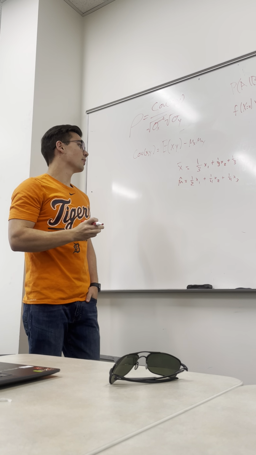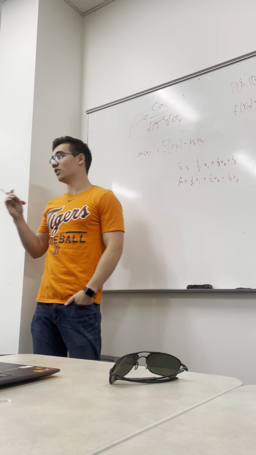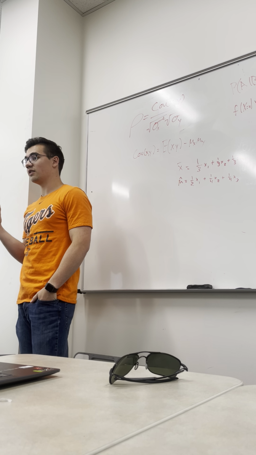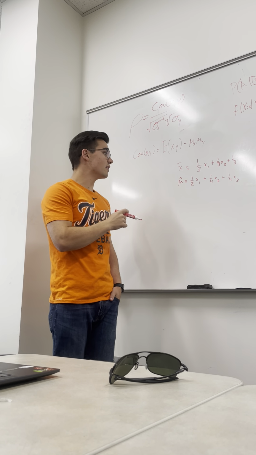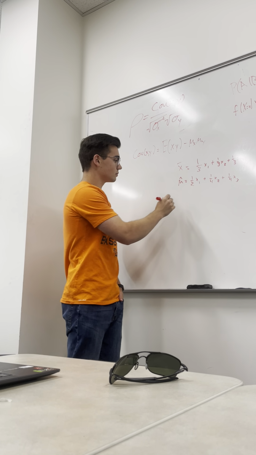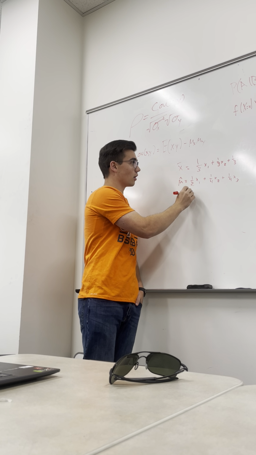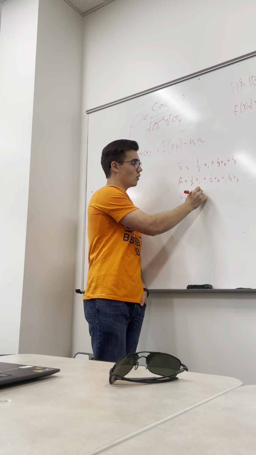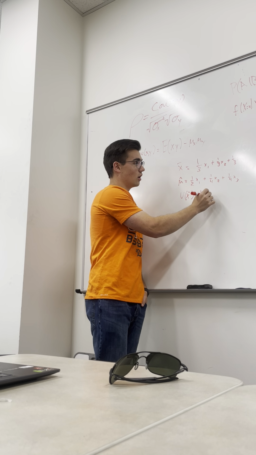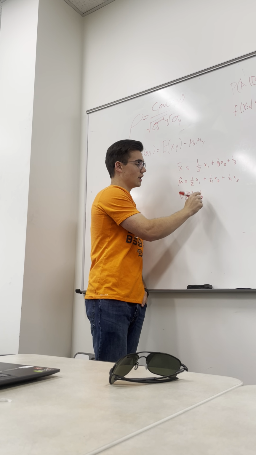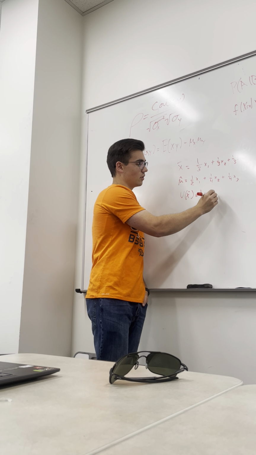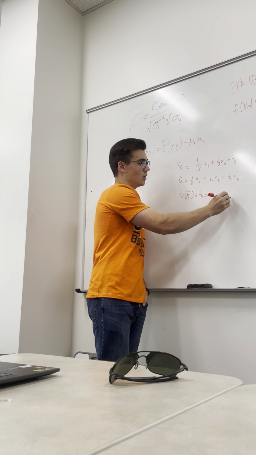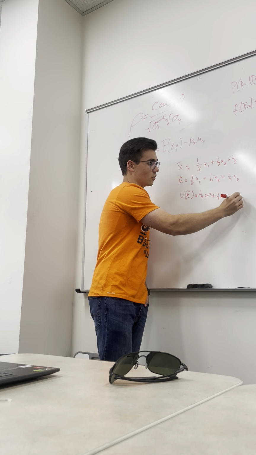And so the bias of both of these is 0, if you take the expected values. If you find the variance of these two, the variance of x bar is 1/9 sigma squared plus 1/9 sigma squared plus 1/9 sigma squared.